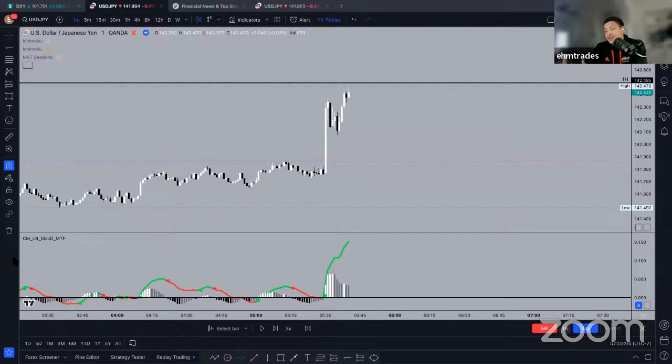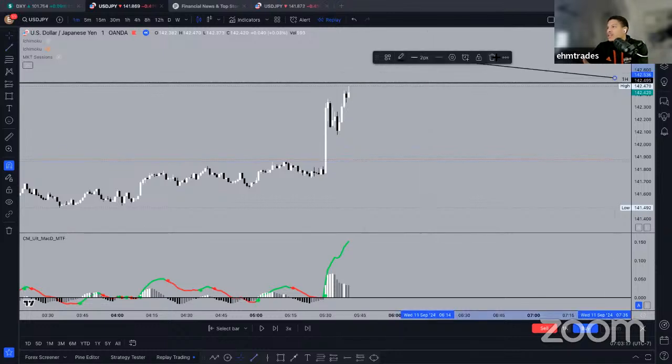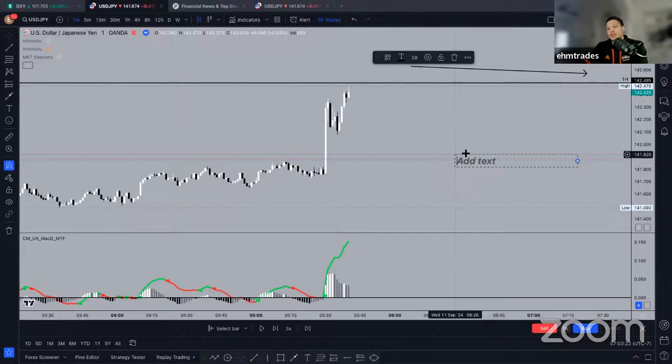So, two things here. What do we know about these levels, right? We know these are decision-making levels, and we know that they act as two things, right? They act as force fields and they act as magnets.